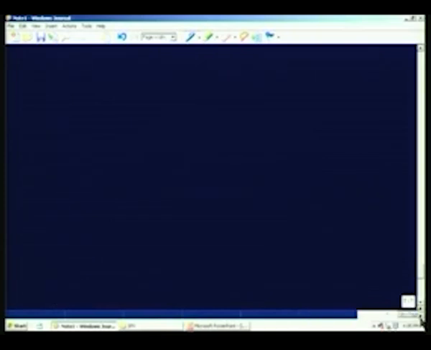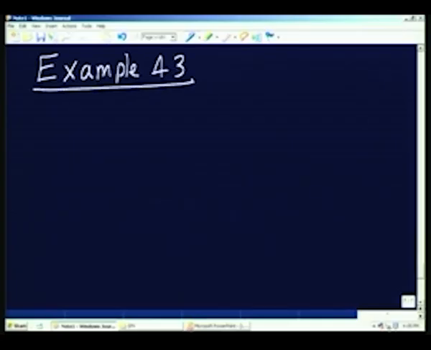So, this will be example 43. All I have to do is to use the expression I gave in the slide. So, I will just write down what are the quantities we know. La is 22 millimeters.